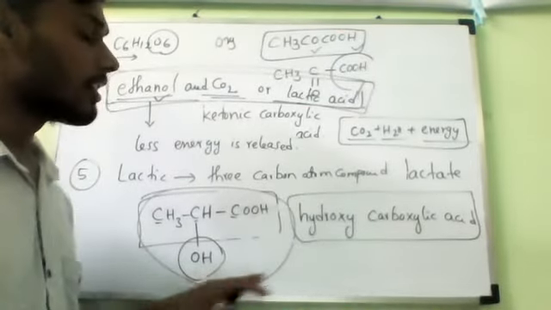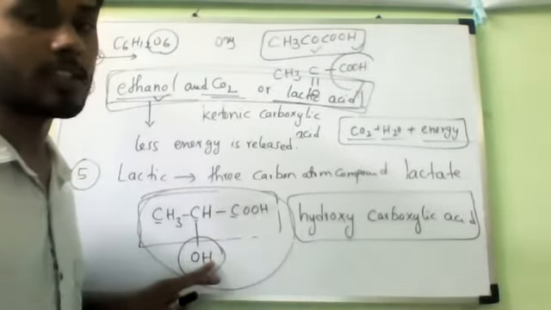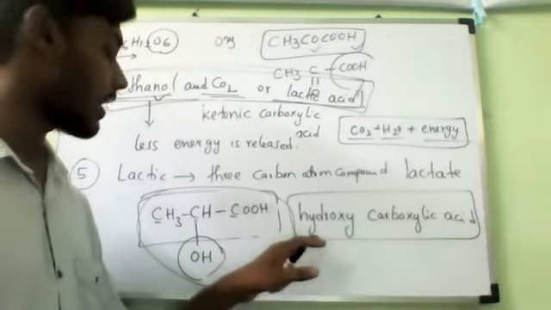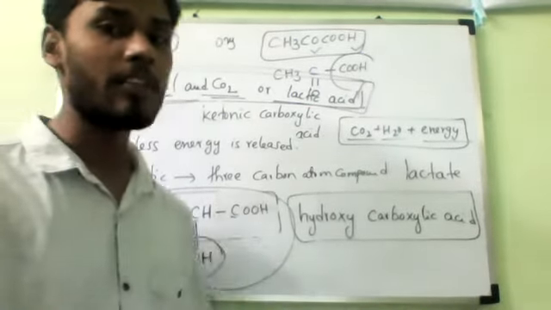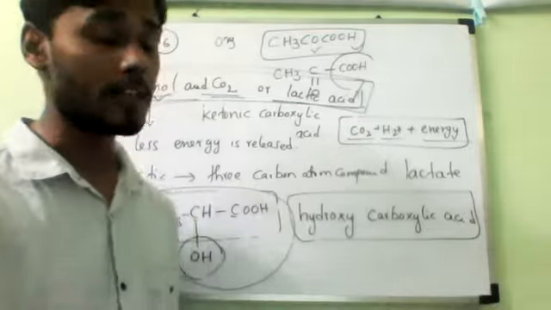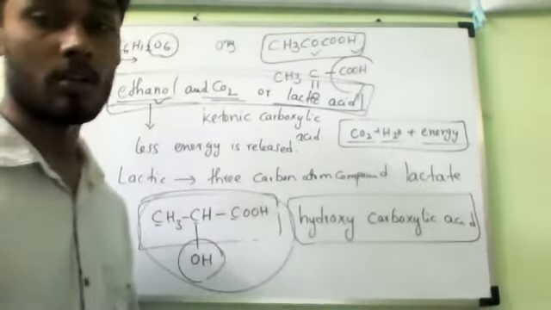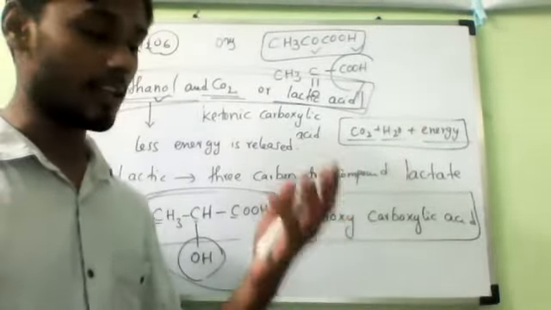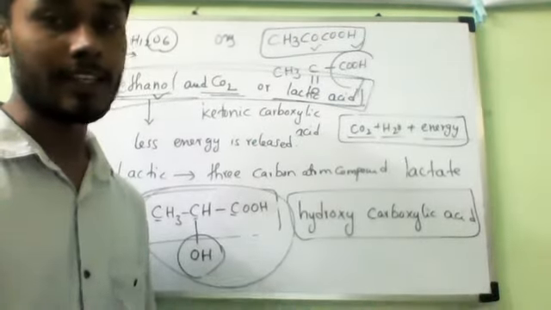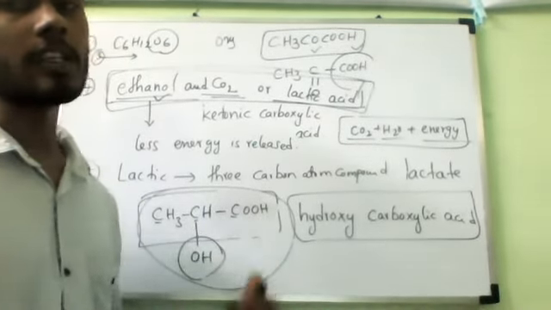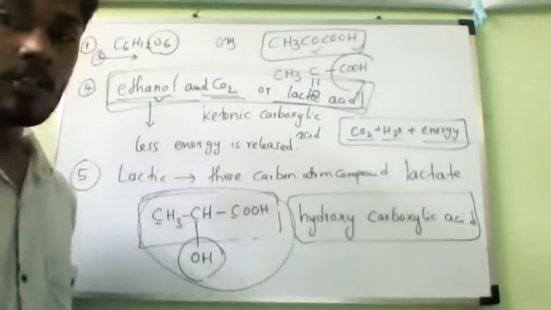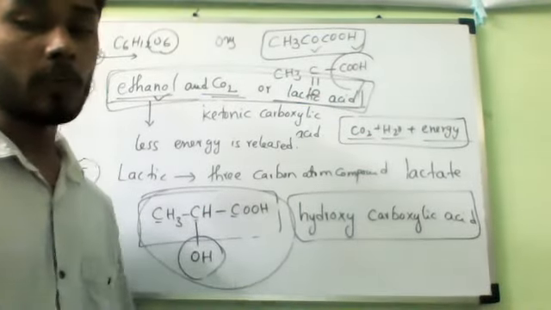OH is an alcohol group, that is why hydroxy comes. Some naming will be there that I will teach you. Don't worry, after that you can understand. Just remember it directly now. That's all. So 3 names for lactic acid: lactic acid, lactate and hydroxy carboxylic acid. From tomorrow we'll continue.